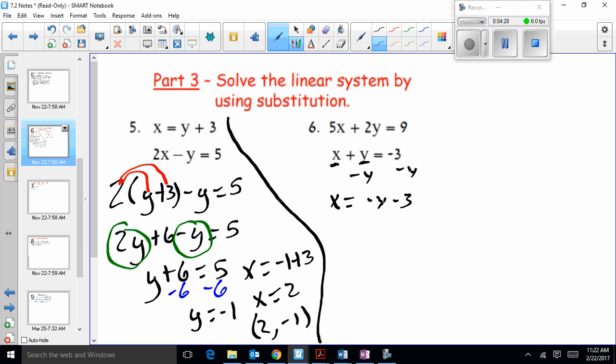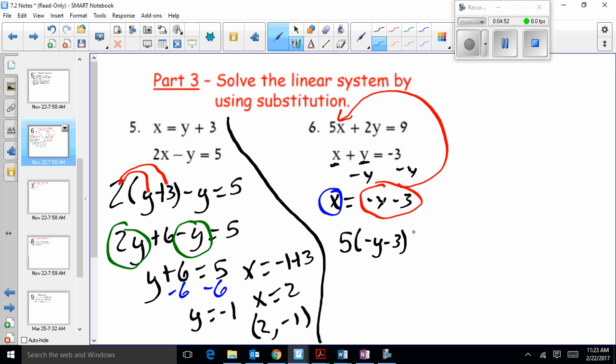Okay. So now I know what x is equal to. x is the same as negative y minus 3. So I'm going to go ahead and plug this in, the red right here, negative y minus 3, in the top.